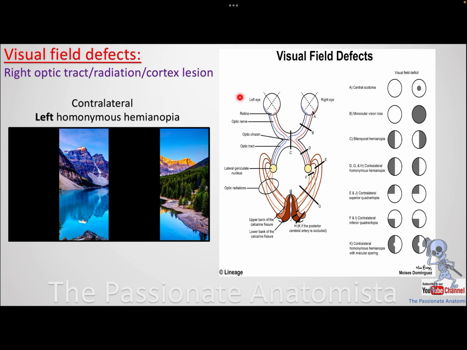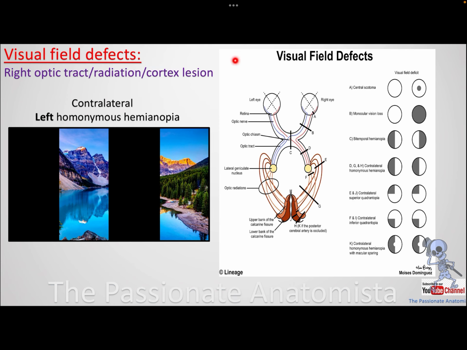Now, if I have a patient with a right optic tract problem, or the whole right optic radiation problem, or the right cerebral occipital cortex problem, I'm exceeding the chiasma now, I'm going to lose the left of everything. All right, guys, I'm going to lose the left of everything.